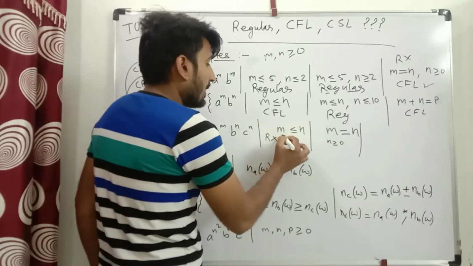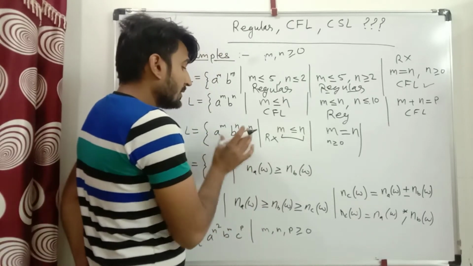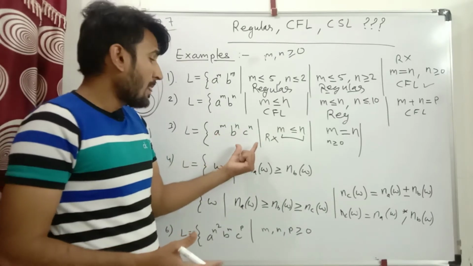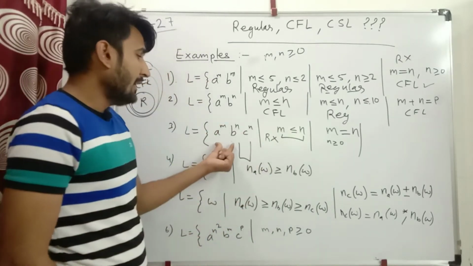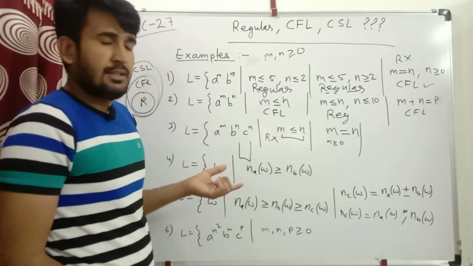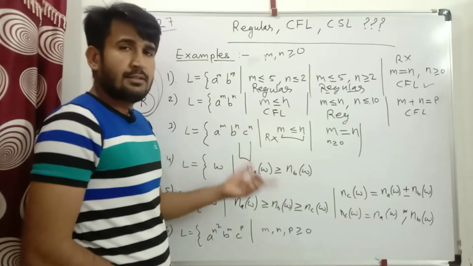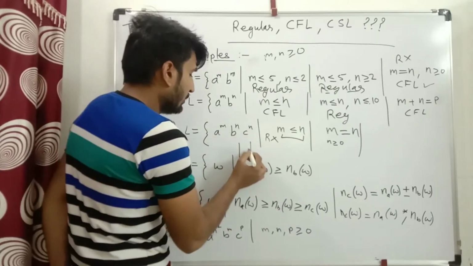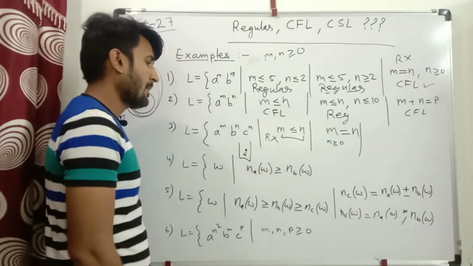There are two comparisons. First, try to find it by drawing a stack: push the elements and pop them out. If at last the stack is empty, then it is a CFL. Push the number of a's.